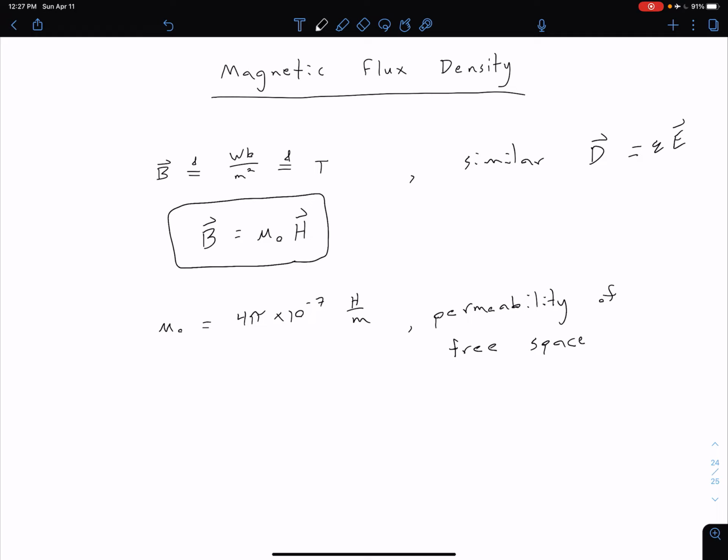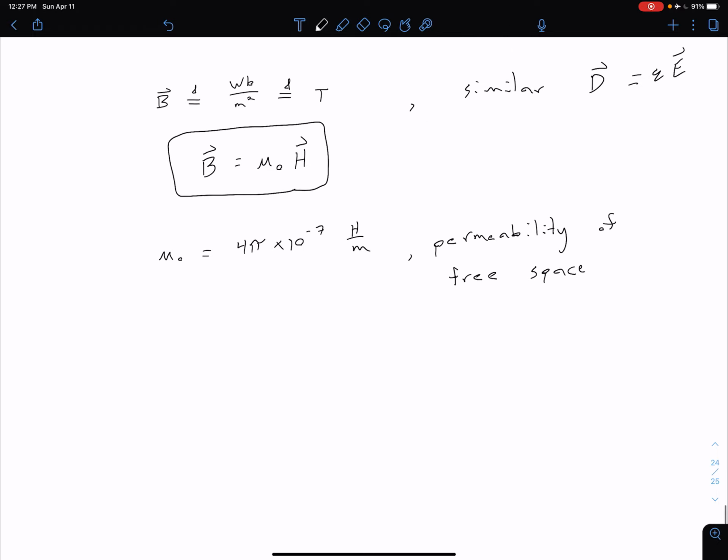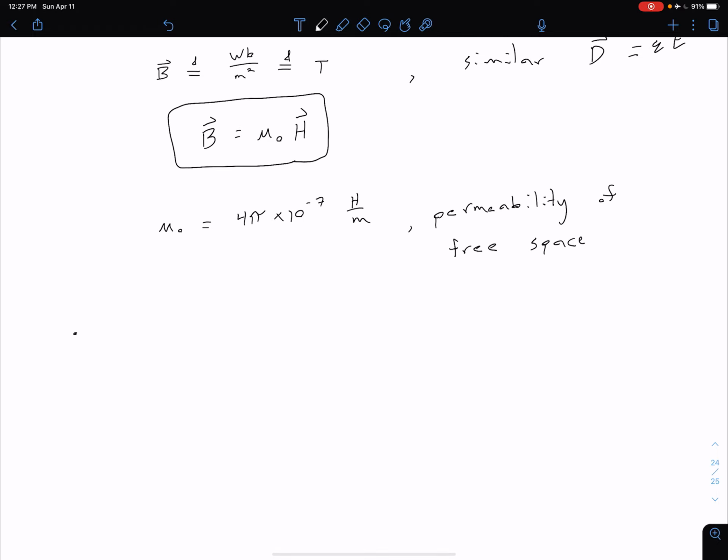Okay, so now that we have this magnetic flux density, we can define magnetic flux through some surface. So let's talk about magnetic flux through a surface. Remember, this was the same approach we took with our electric flux density, and using Gauss's law, we were able to find an important equation. We're going to follow the same path here.